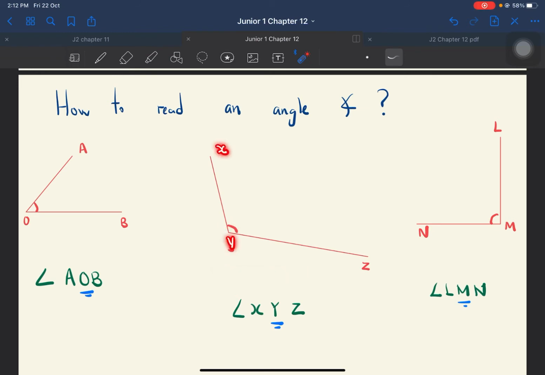Angle XYZ. Next one, how can we call this angle? Angle LMN or angle NML. No issue if you begin with L or M, X or Z, A or B, as long as the middle one is correct.